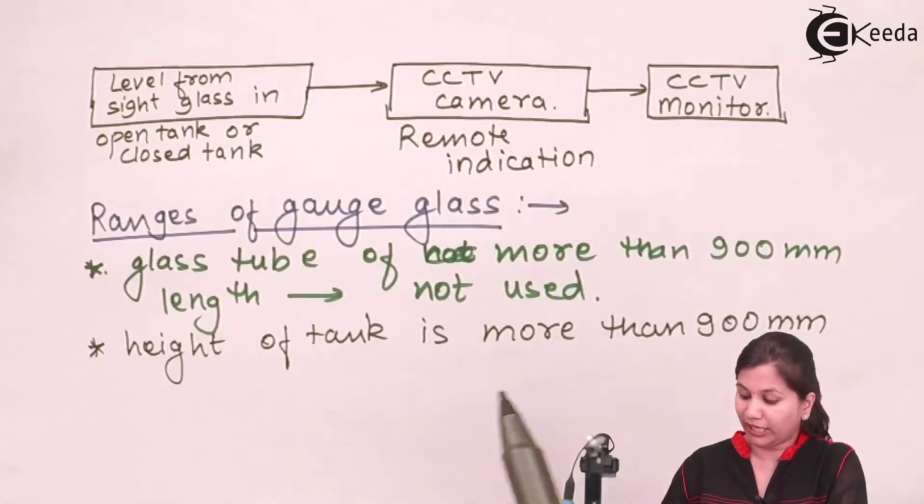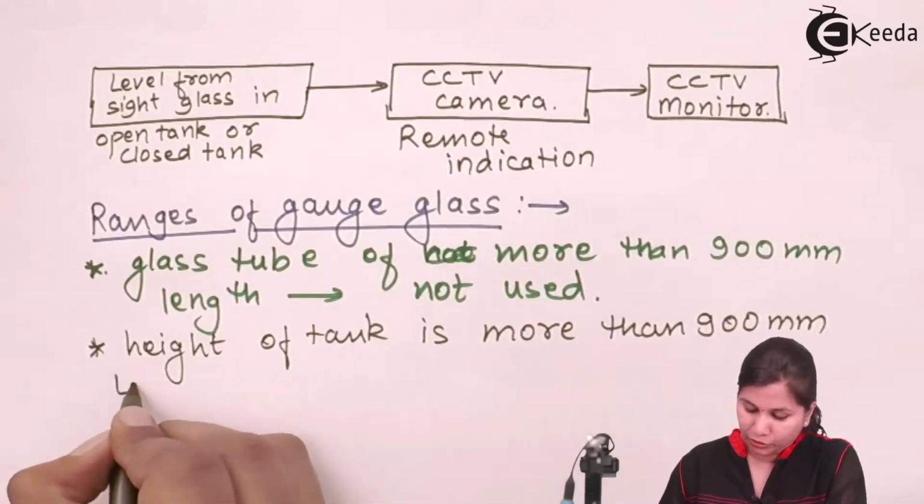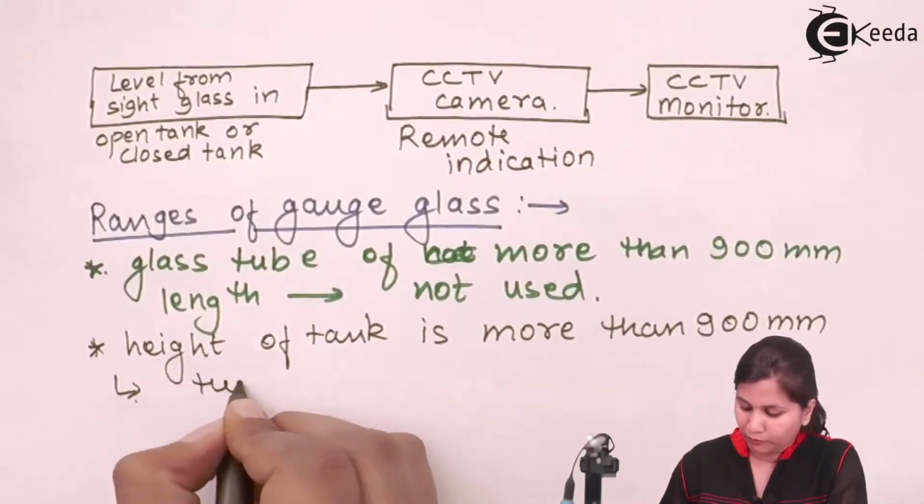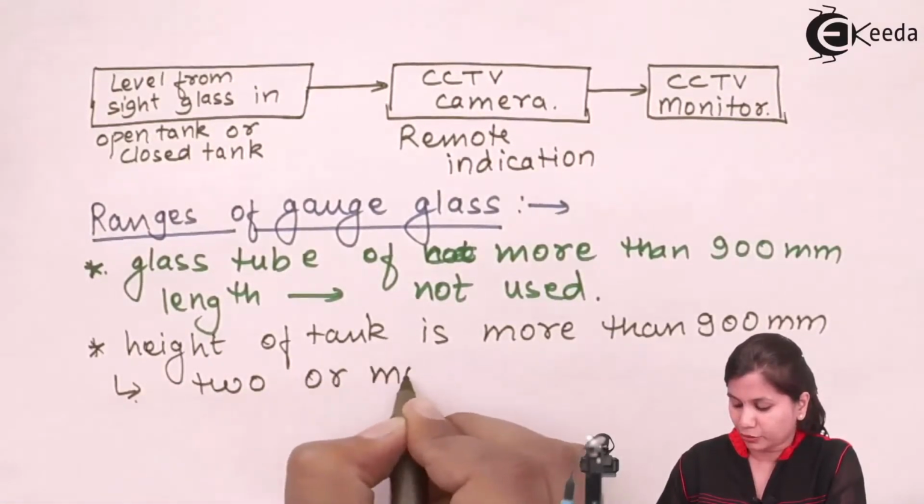If the height of the tank is more than 900, then two or more side glass tubes are used.